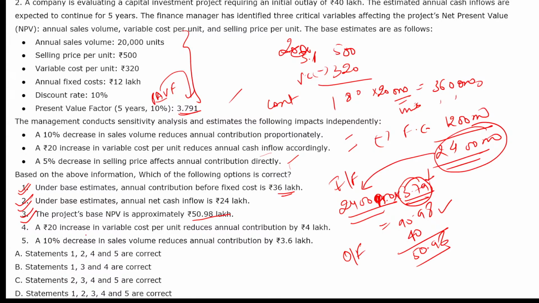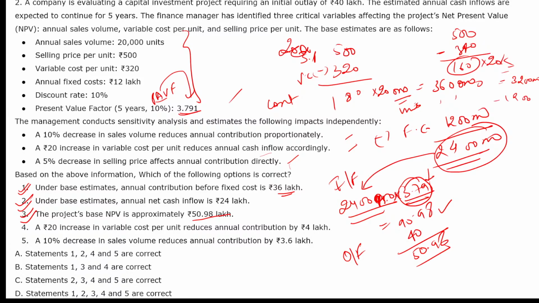A 20 rupees increase in variable cost per unit reduces the annual contribution by 4 lakh rupees. Okay, let's see. 500 minus the increase in variable cost of 20 rupees, so it will be 340. So it is 160. 160 into 20,000 will be how much? It will be 32 lakhs.